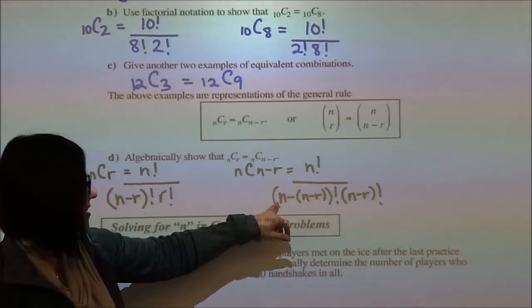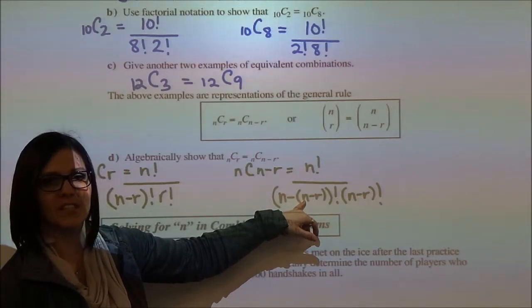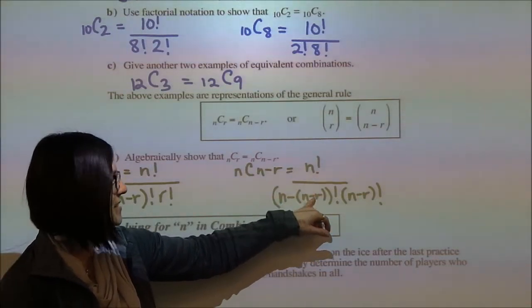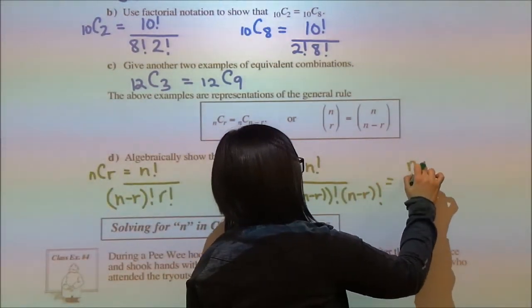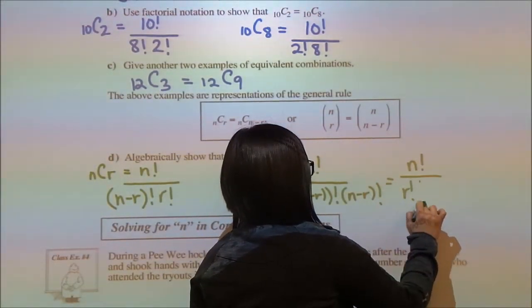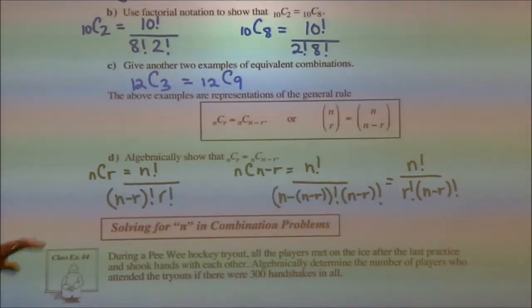Well, this one right here, if I remove the brackets, I get n minus n, which is 0, and then the minus negative r becomes a positive r. So this simplifies to n factorial over r factorial times (n minus r) factorial, which is the same thing.